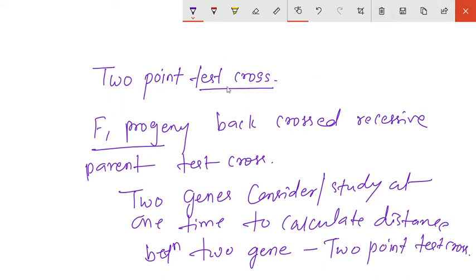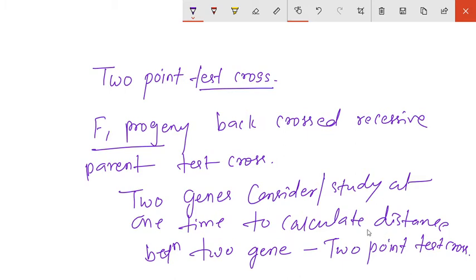The 2-point test cross means when F1 progeny is back crossed with the recessive one, that is known as the test cross, and when two linked genes are studied at the same time to calculate the distance between these two genes, it is known as the 2-point test cross.